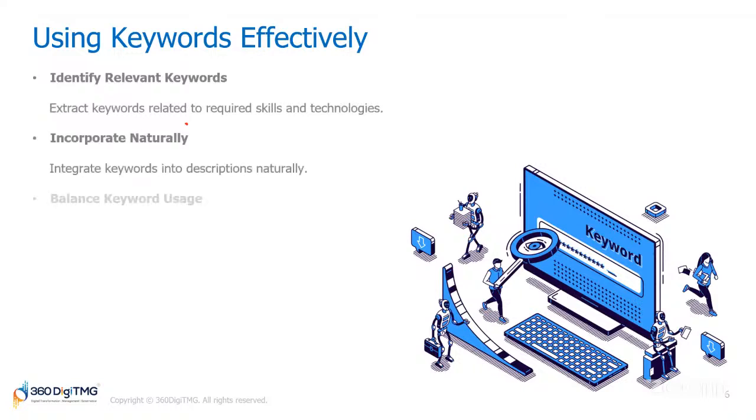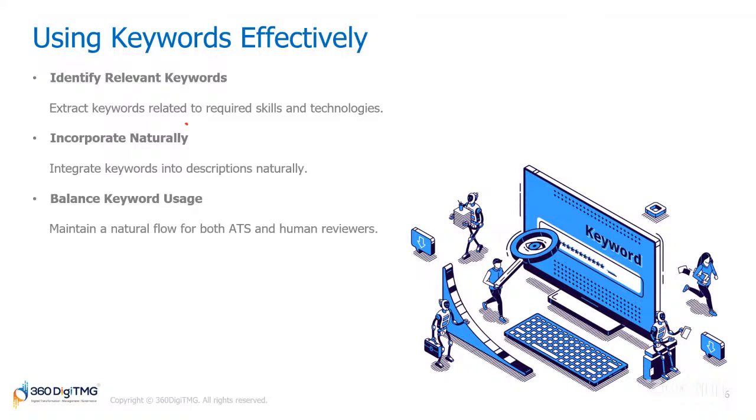Then talking about ATS software. When any person applies for a job, a lot of applicants are applying for the same job. No one is there to read all those 1,000 or 10,000 applications manually. All those resumes will be sent to the ATS software.